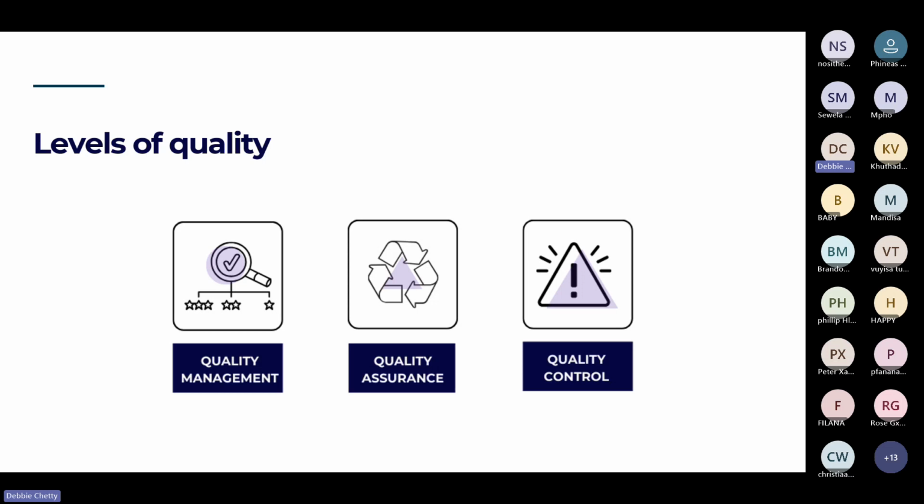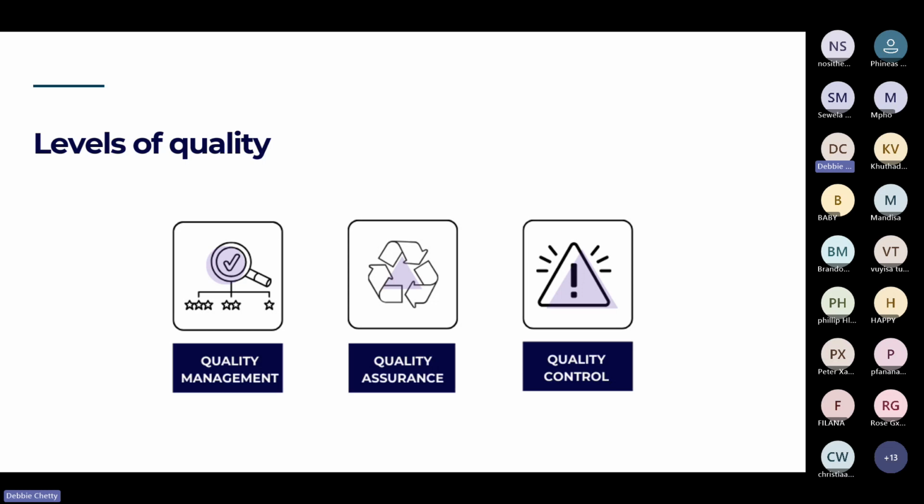Okay, so quality management refers to the assembly and management of all business activities, with the aim of producing quality products or delivering quality service. Quality assurance refers to the combination of all planned and systematic actions that are necessary to provide confidence that a product, process, or service will satisfy the stated quality requirements.